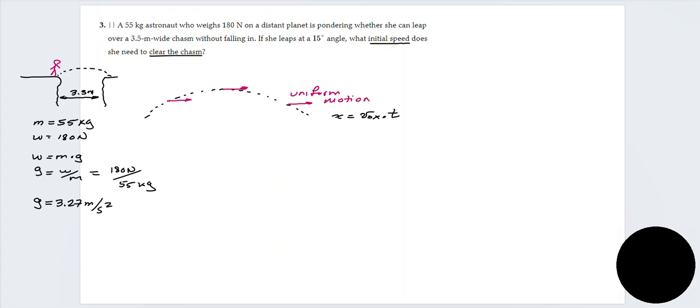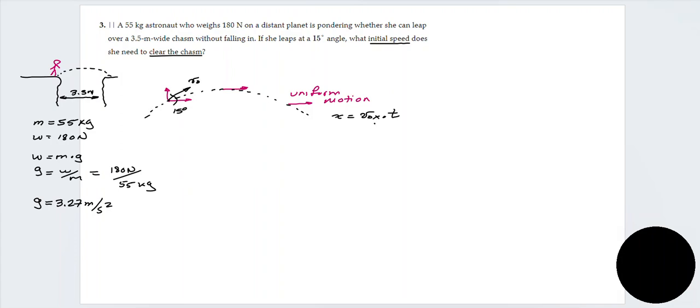Now, of course, there would also be a component of velocity here in the y direction. Okay, there is another component of the velocity here in the y direction. The angle would be 15 degrees. So we know this angle here is 15 degrees. So this is v sub 0.